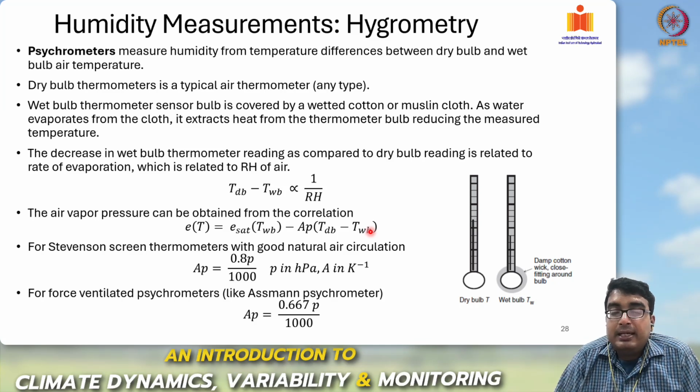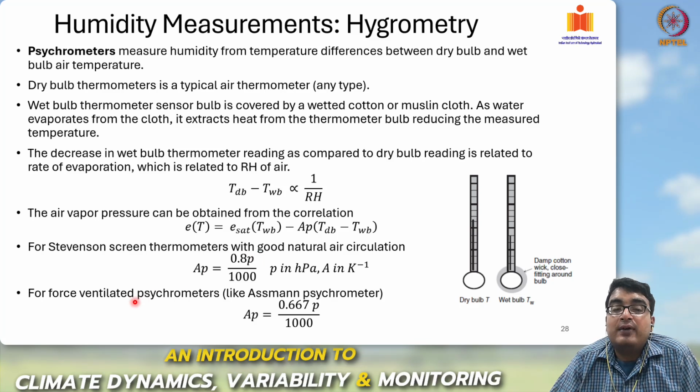For them, A into P is given by 0.8 P by 1000, where P is measured in hectopascals and A is measured in Kelvin inverse. So, if pressure is measured in hectopascals, then the value of A is 0.8 into 10 to the power minus 3 for Stevenson screen thermometer instruments.